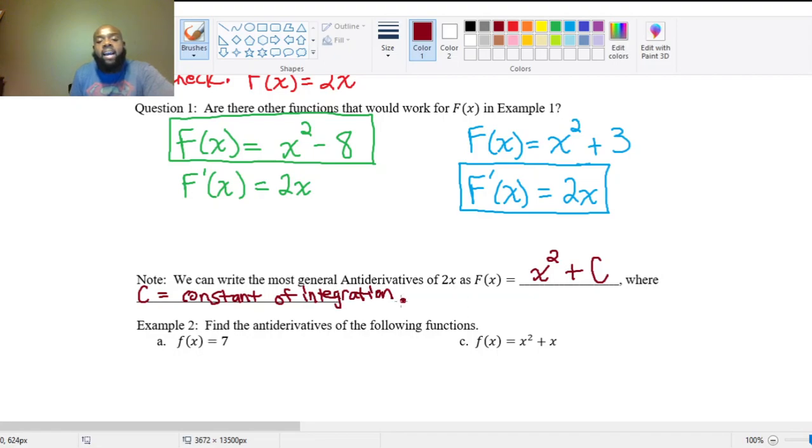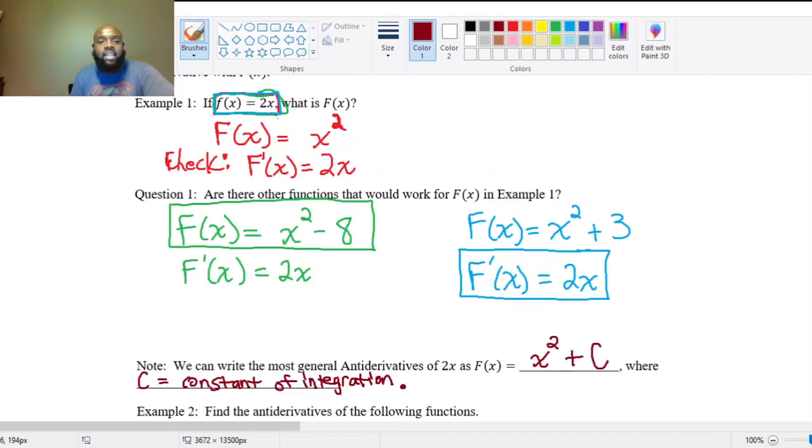All of the antiderivatives of f of x equals 2x come in the form capital F of x equals x squared plus c.